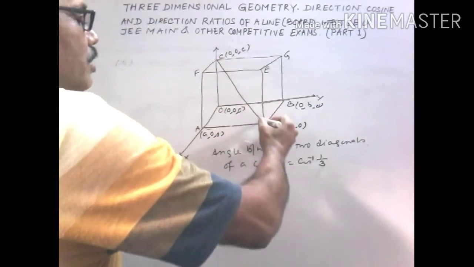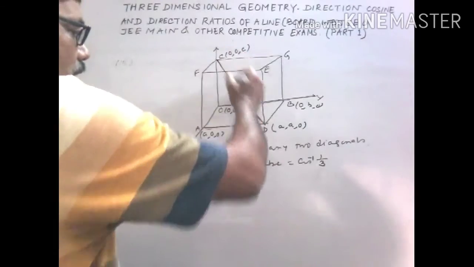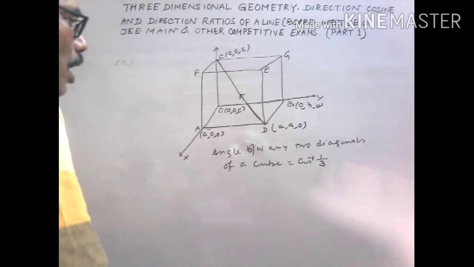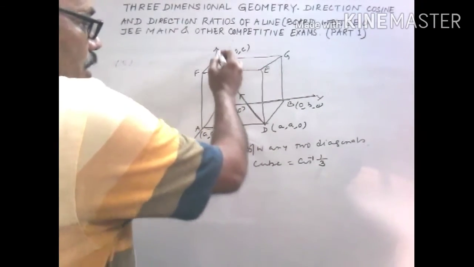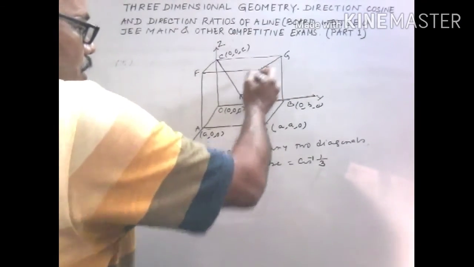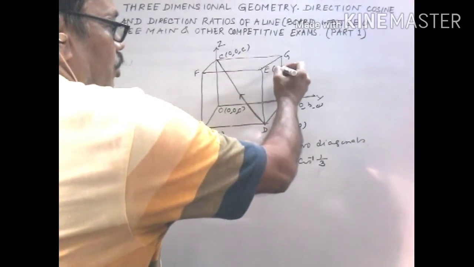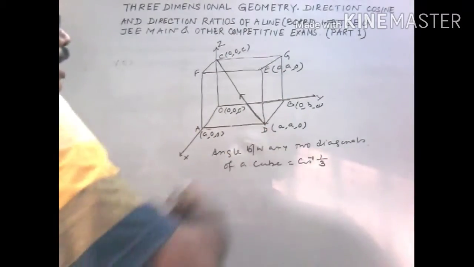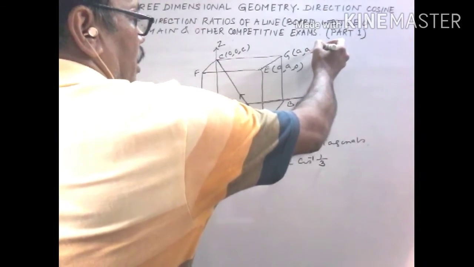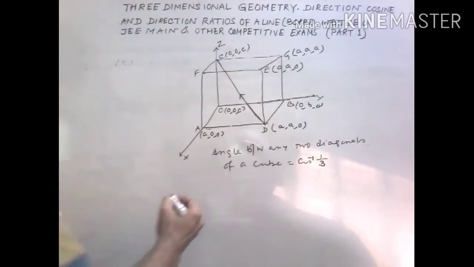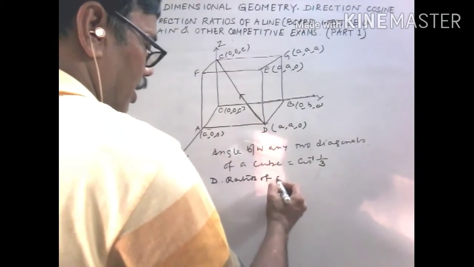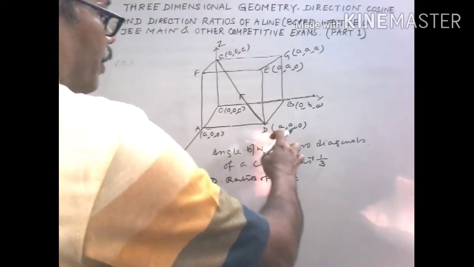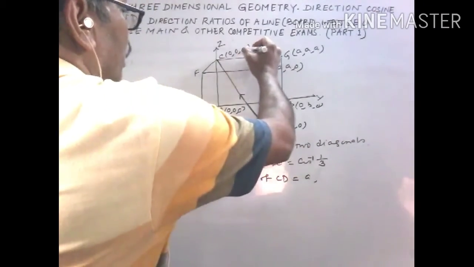If we consider CD, it is one diagonal. And OE, E lies in the YZ plane. And G is in space, a, a, a. So the direction ratios of CD are a, a, minus a.